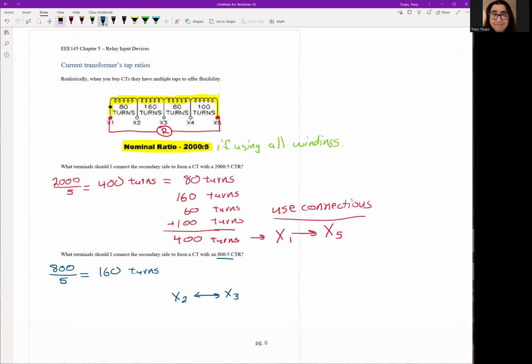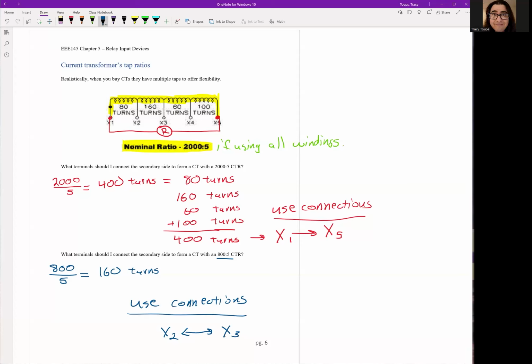Let me redraw this a little bit. So let's say we'll use connections X2 and X3. Okay. So again, if we're going to hook up a relay, let's just hook up the relay wires to X2 and X3, and we have 160 turns, which is 805.